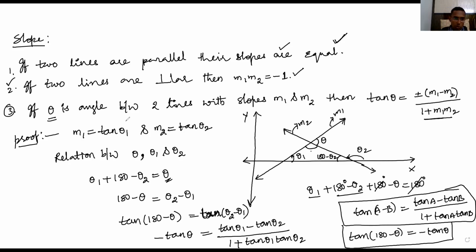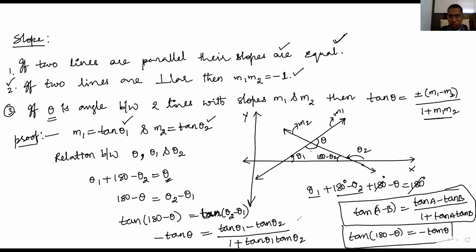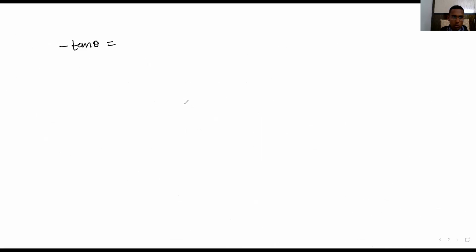Tan theta 1 means you know M1, tan theta 2 means you know M2. So finally what you get is minus tan theta equals tan theta 2 minus tan theta 1 by 1 plus tan theta 1 tan theta 2. This is M2 minus M1 by 1 plus M1 M2.